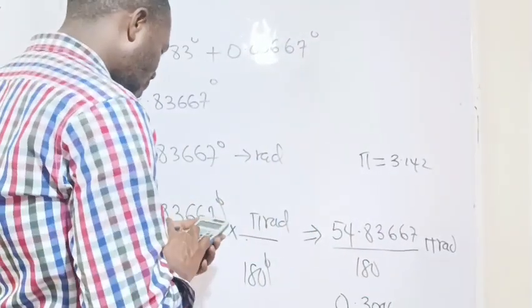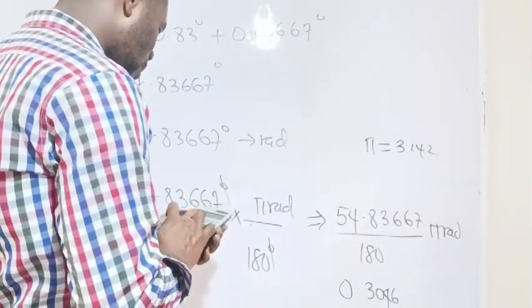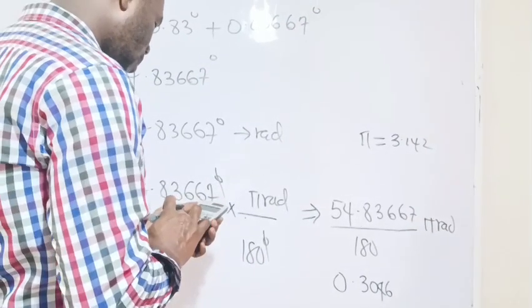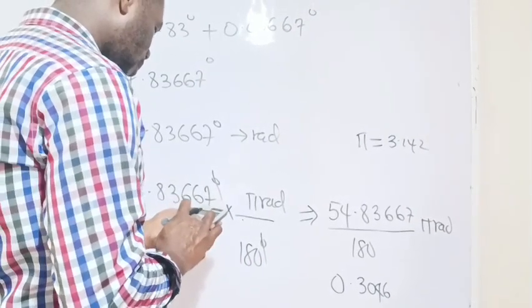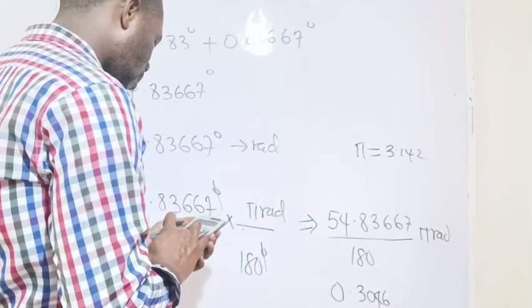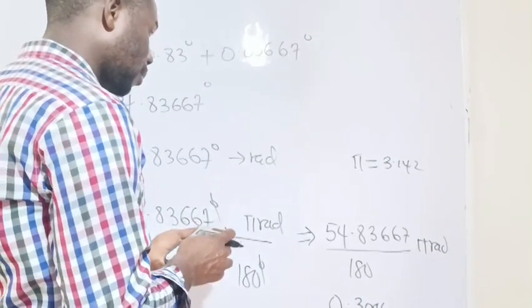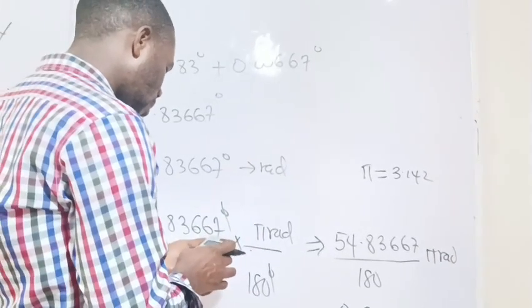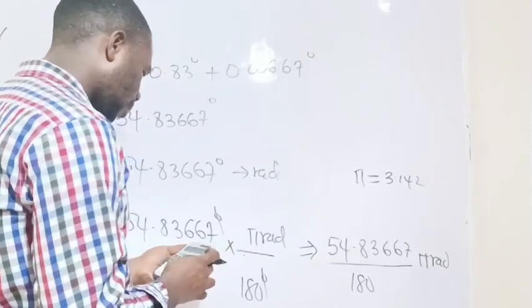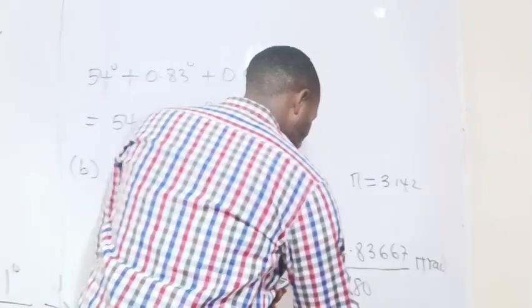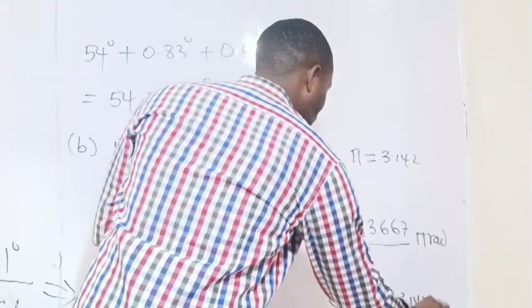So I'll multiply this now, 0.3046 times 3.142. Alright, this is in rad.